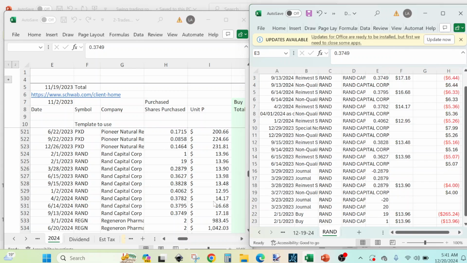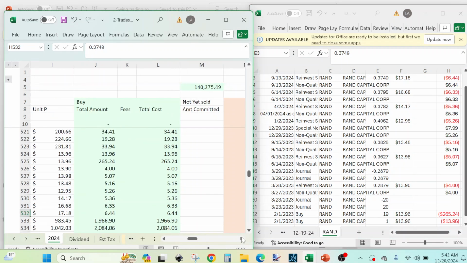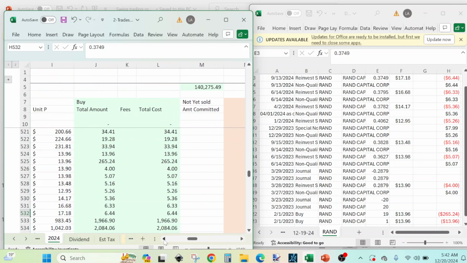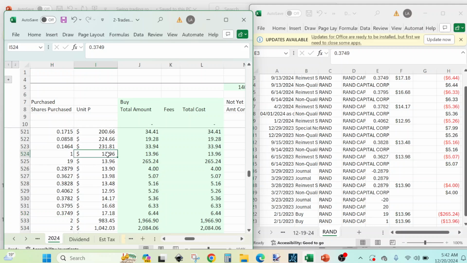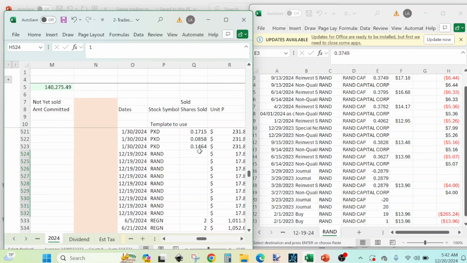So now we will go to the sold section. Now before we do that, we can copy all the shares from here. No, not this one, but the shares, and we will go to here and paste them.